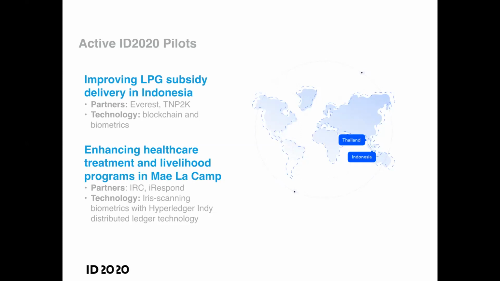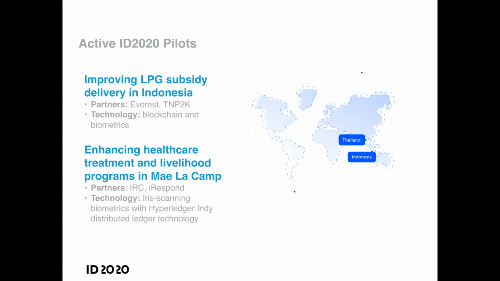We've currently got 2 pilots in operation. The first is in Indonesia, and it's conducted in partnership with a technology provider called Everest and the National Team for the Acceleration of Poverty Reduction, or TNP2K, which is a government agency. And that pilot seeks to utilize user-managed digital identities to improve the delivery of subsidies to households.